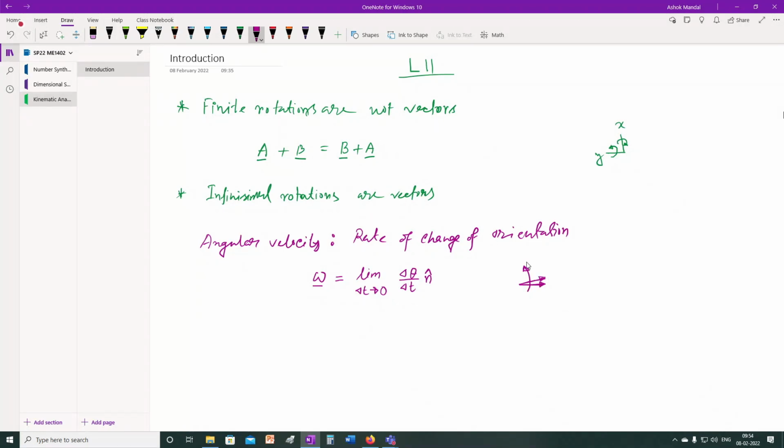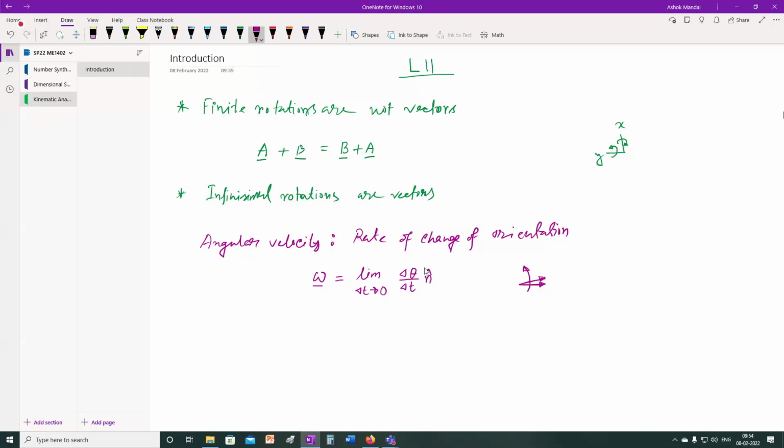It is rotating in this direction. So what is the direction of angular velocity? Outside the paper, plus Z. It is perpendicular to this paper, perpendicular to the board, outside.